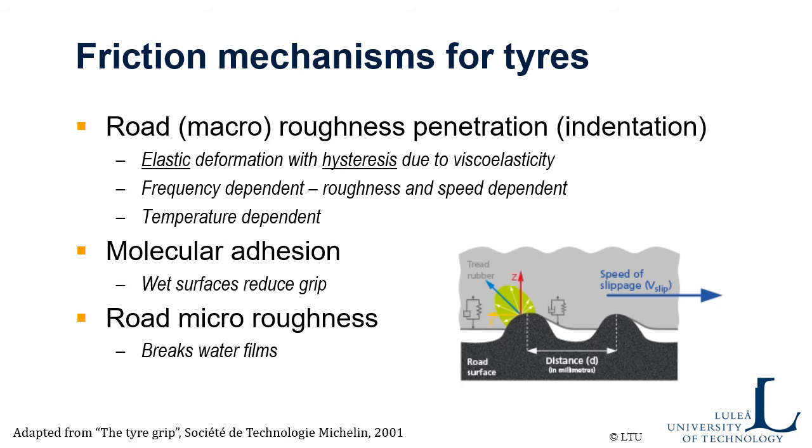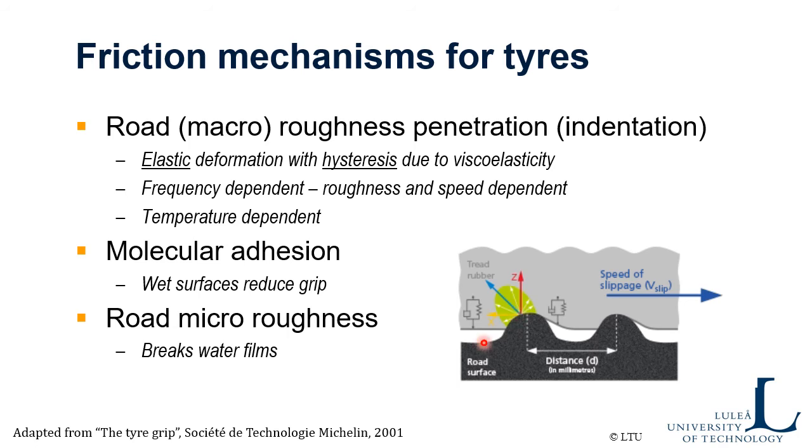But there are also other effects. You also have adhesive effects, so you have some adhesion in between the surfaces. If you then have some water film here, you reduce that adhesion. So that's one of the reasons why you lose grip when the road is becoming wet.